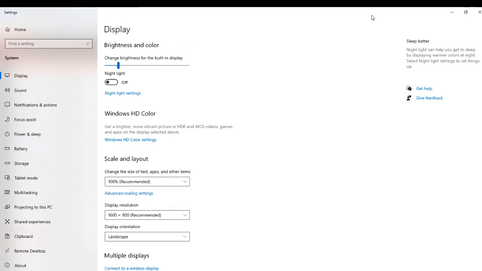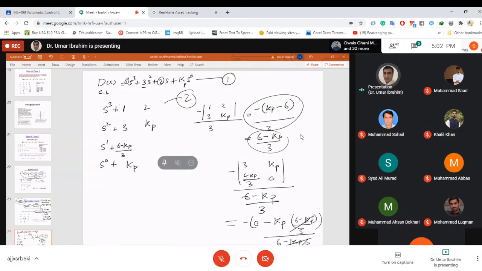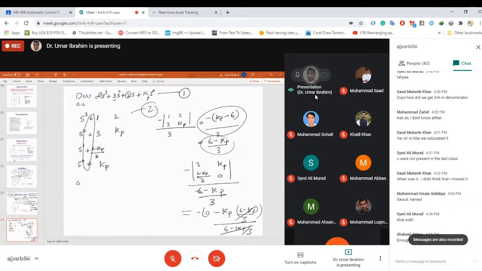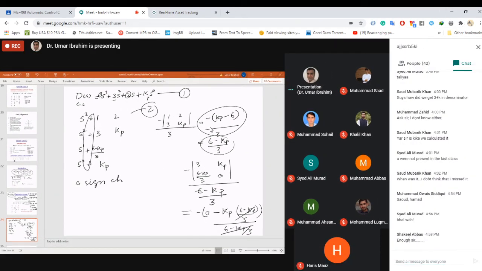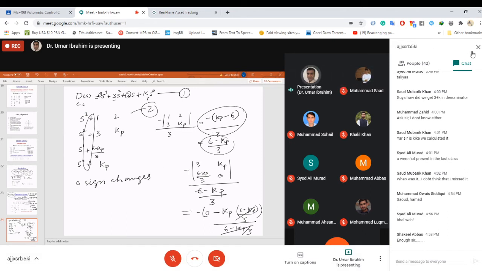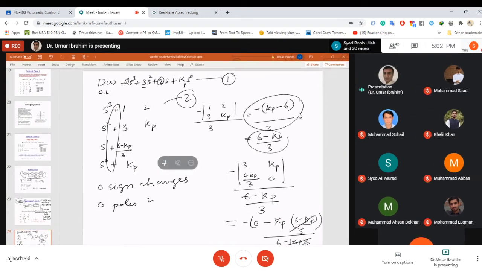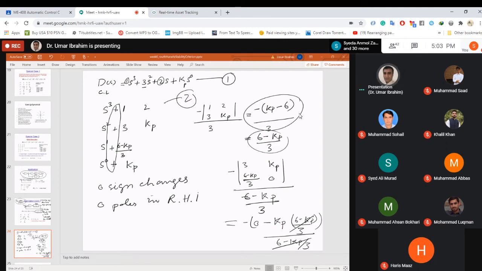What we know is that this is positive and this is positive. If these are positive, then there will be 0 sign changes. If there are 0 sign changes, then there will be 0 poles in the right hand plane. If there are 0 poles in the right hand plane, then the system will be stable.